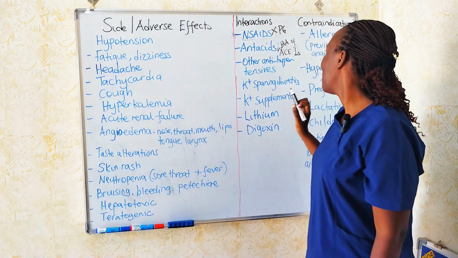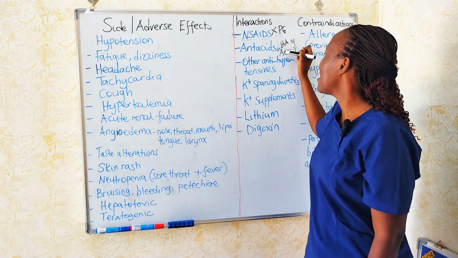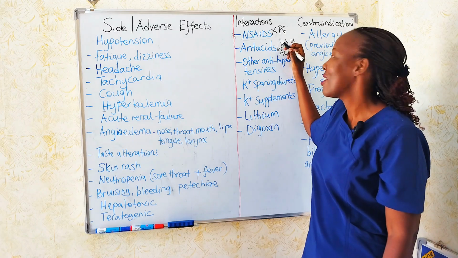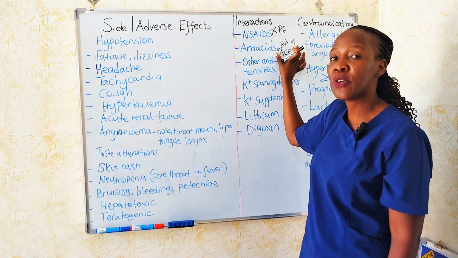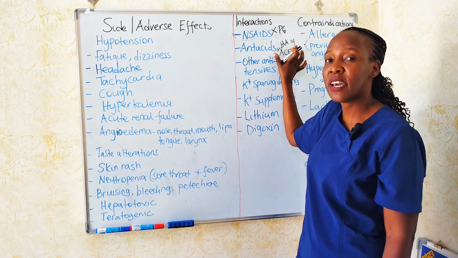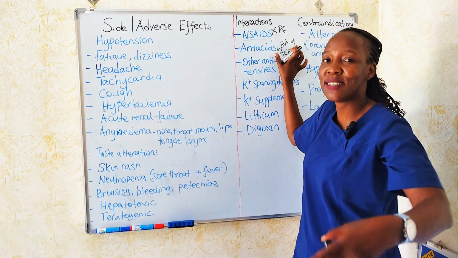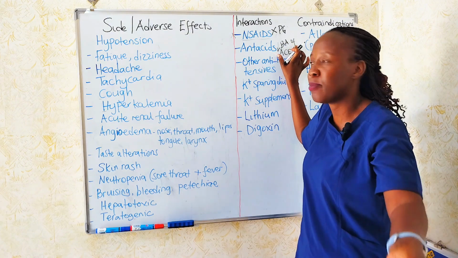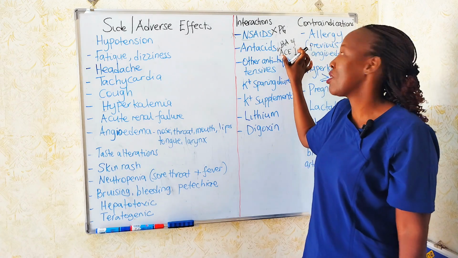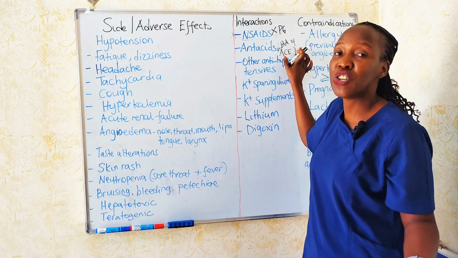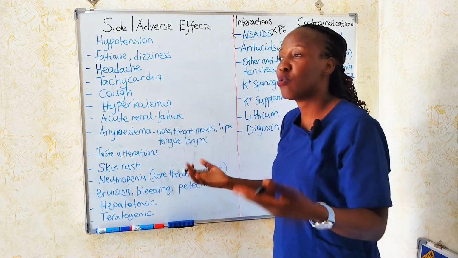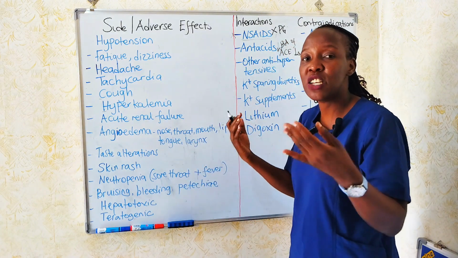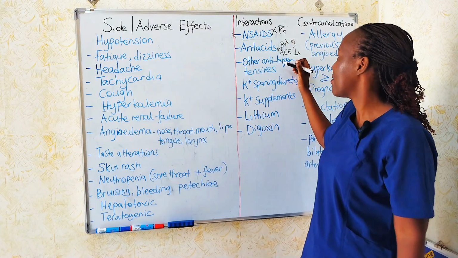So now when you give ACE inhibitors together with antacids, antacids have the potential of binding the ACE inhibitors, which reduces the extent of absorption. Extent is how much of the drug gets absorbed into the bloodstream, and that then can also reduce how much of the drug is going to get into the general circulation and into the site of activity.